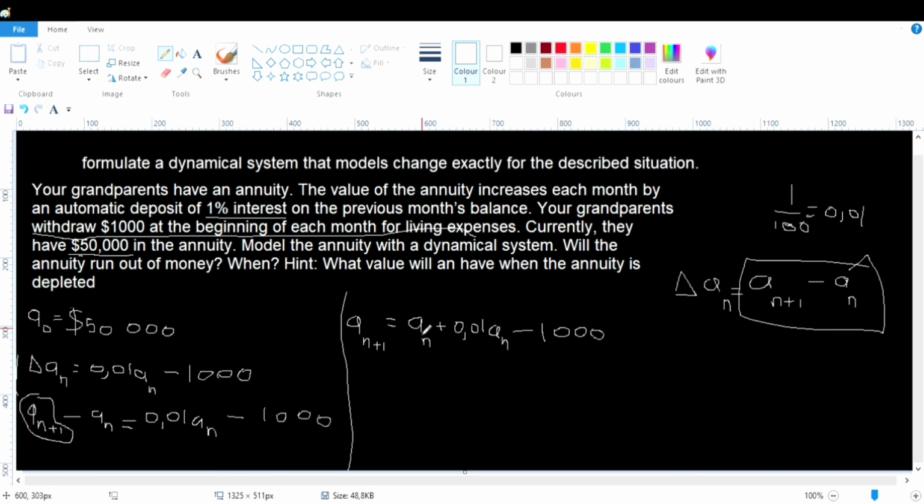We can go ahead and add these two because these are like terms. So A sub n plus 1 is equal to, here we're just going to add, so we're going to have 1.01, then close the bracket, then A sub n minus 1000.